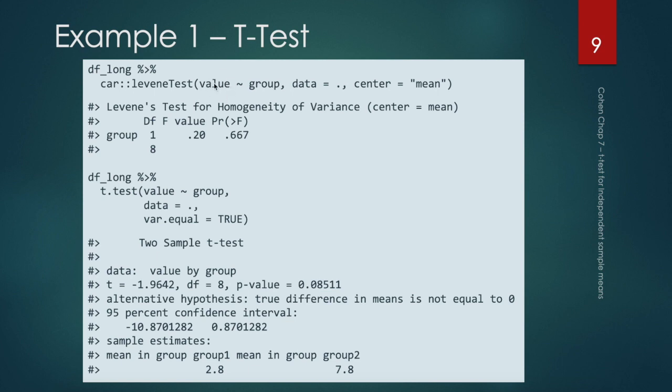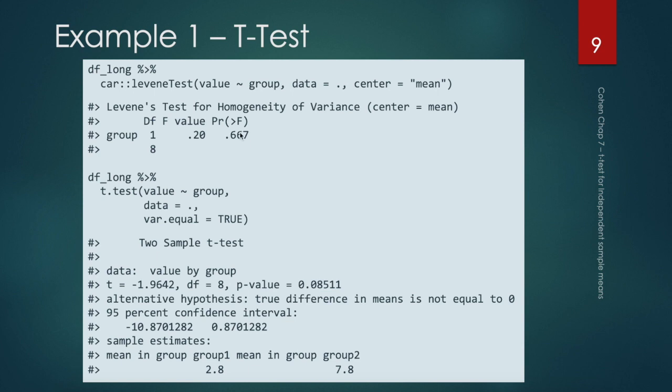Another way of thinking about that is dependent variable, independent variable. So this is saying we're comparing the value, their score, by the groups. And then the data equals dot means we're just grabbing whatever we piped in, and we're shoving it right there. And then importantly, we have center equals mean. Unfortunately, I forget that all the time, but that makes it so that this is actually the right test.